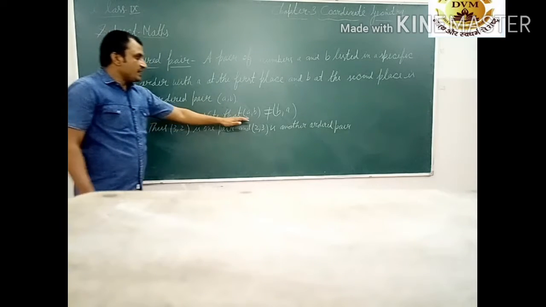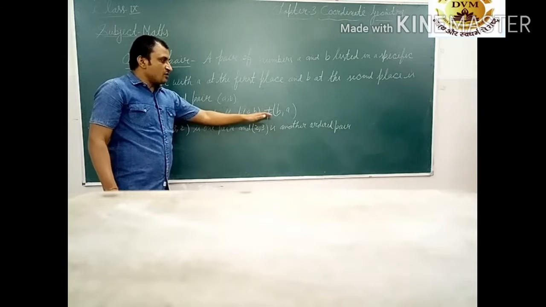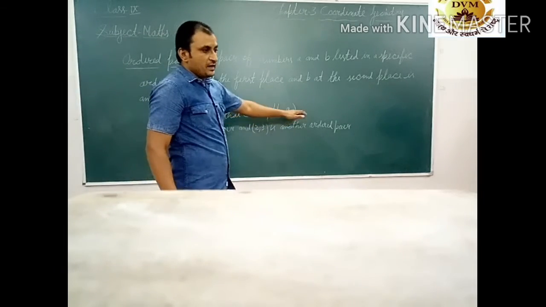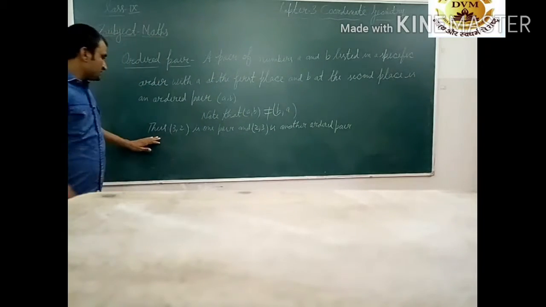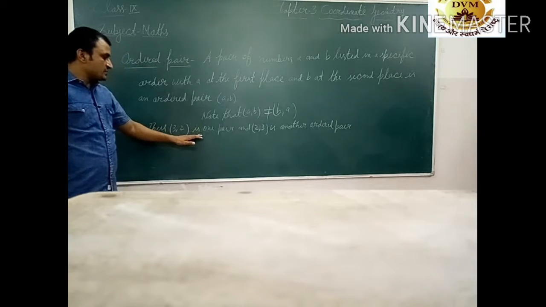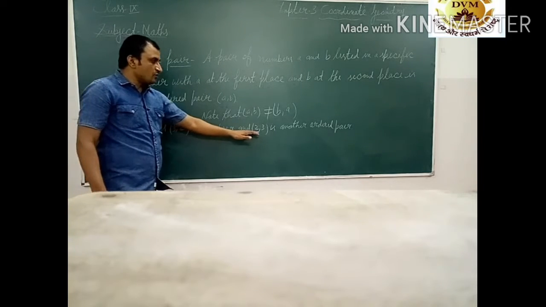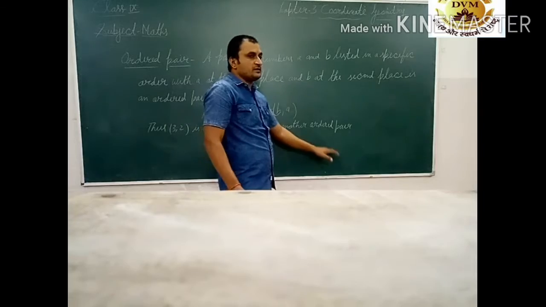Note that (a, b) is not equal to (b, a). Thus (3, 2) is one ordered pair and (2, 3) is another ordered pair.